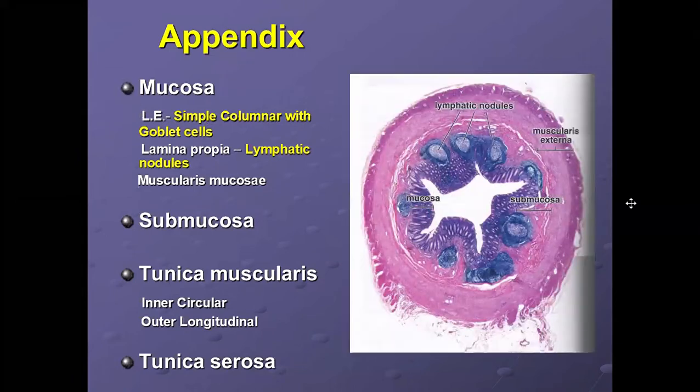Now, class, in the practical you see one whole slide, where you can see the entire specimen. Think always of appendix. You have your mucosa here and your lymphatic nodules, but no name. Enough to say lymphatic nodules.